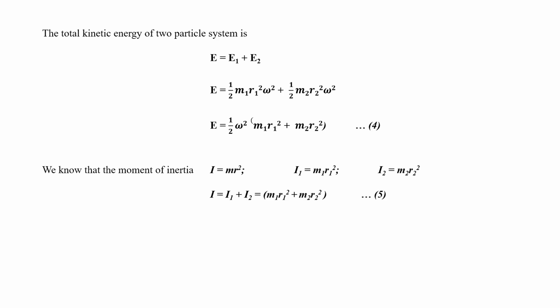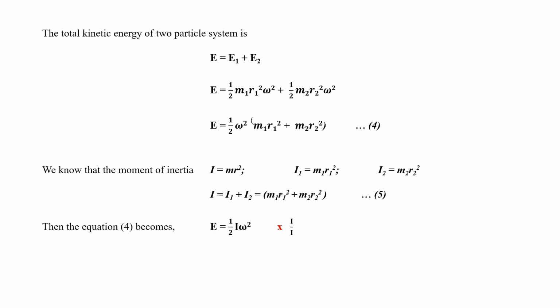We know that the moment of inertia is nothing but the product of mass and the square of the distance between the mass and the center of mass. So I derive I1 and I2. By adding I1 and I2, I come to a new formula I equal to m1 r1 square plus m2 r2 square.